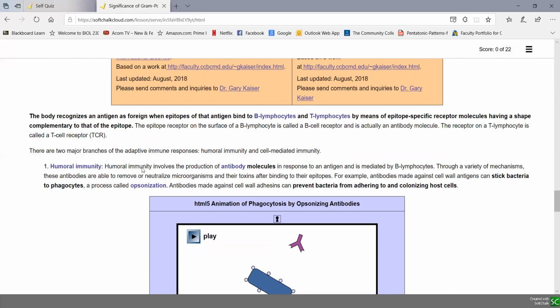Humoral immunity is the production of antibody molecules in response to an antigen, and we'll see later on that's carried out by B lymphocytes. So these antibodies are proteins our lymphocytes make that are tailor-made to fit a specific epitope of a specific antigen of a specific organism.